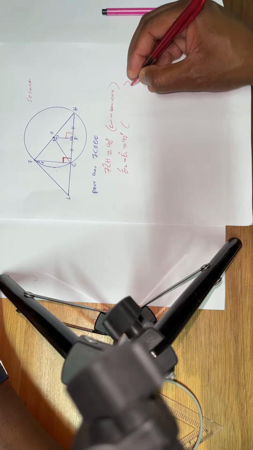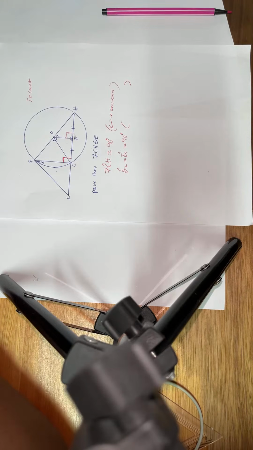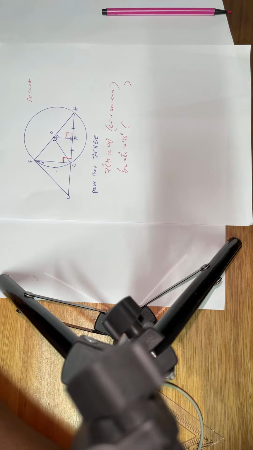Why do we say this? This is because we have the converse of theorem number 1, which states that a line drawn from the center to bisect a chord is perpendicular to the chord.